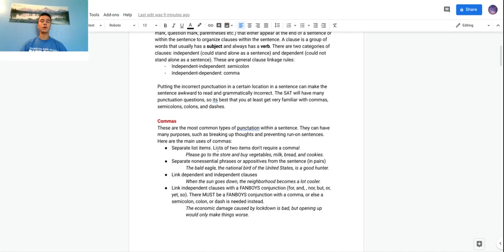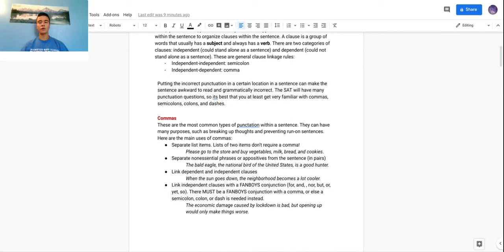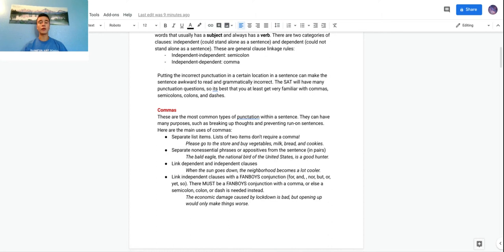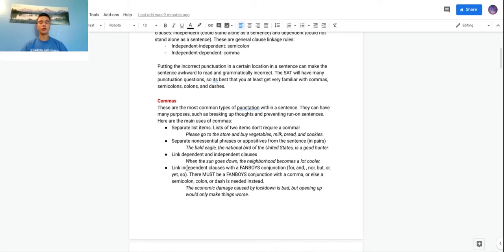Commas are the most common type of punctuation within the sentence. They serve many purposes, such as breaking up thoughts and preventing run-on sentences. Here are the four main uses of commas: separating list items, separating non-essential phrases from the sentence, linking dependent and independent clauses, which is probably the most important use of a comma, and linking independent clauses with a FANBOYS conjunction.